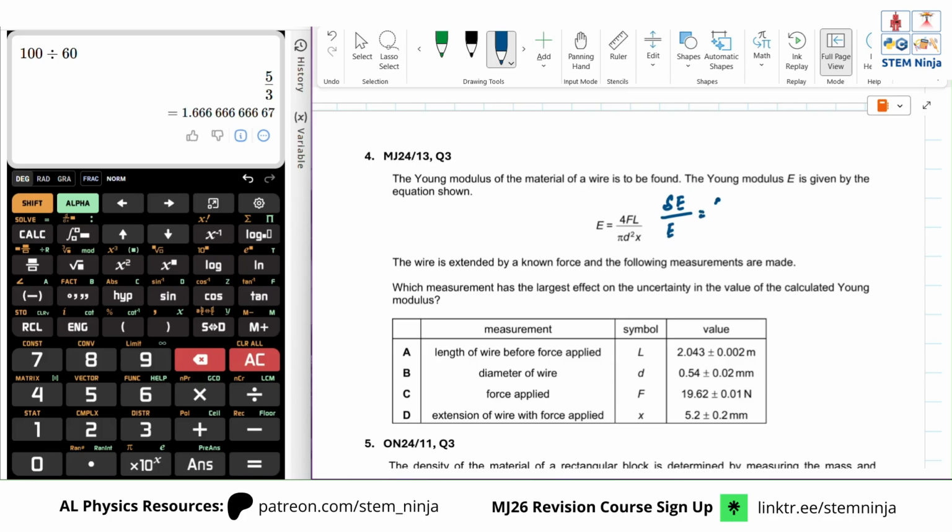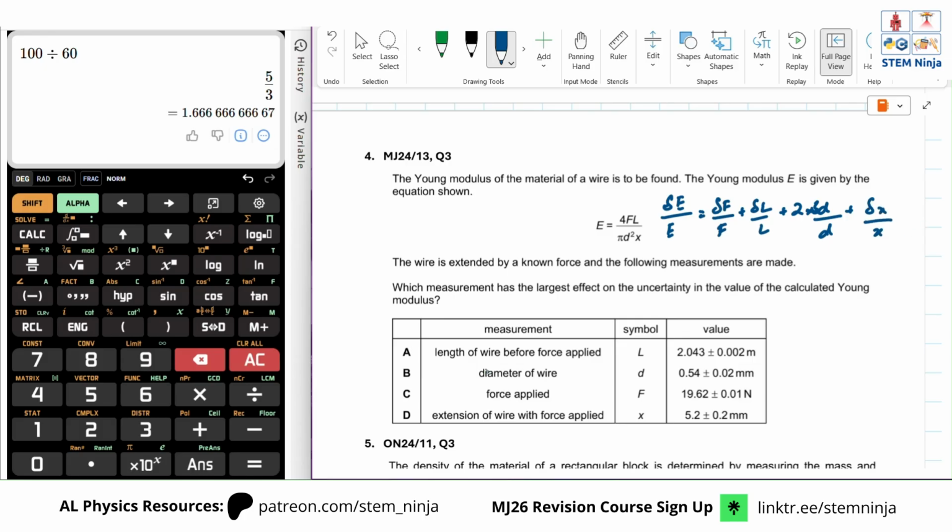So this would come from force, this from length, this from d, and this from x.